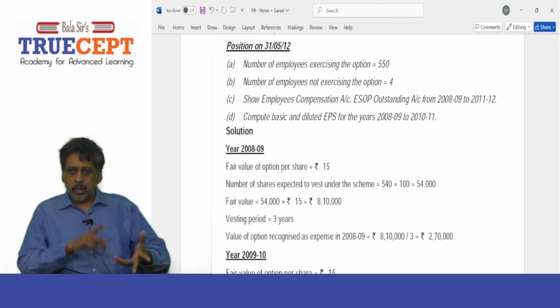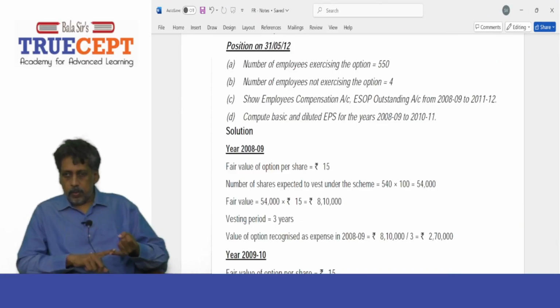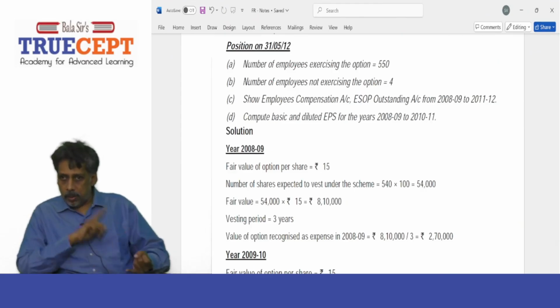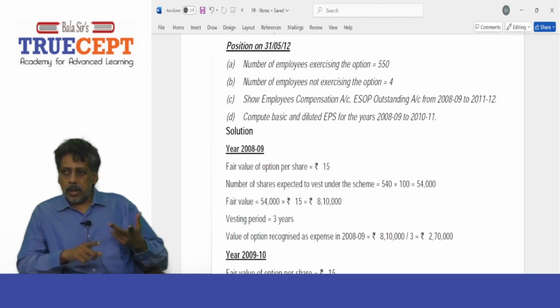In your study mat parlance, the employee compensation expense is nothing but the employee benefit expense. And in your study mat parlance, the phrase share-based payment reserve account is nothing but employees stock options outstanding account.